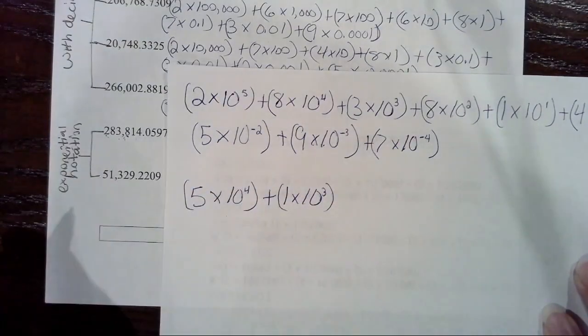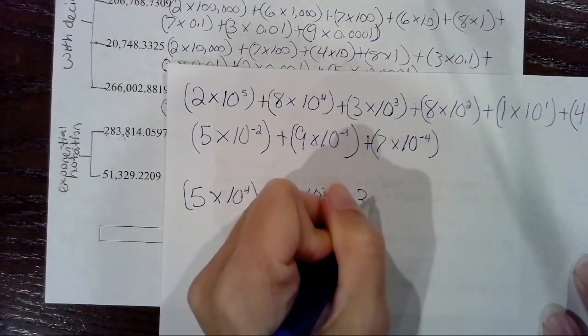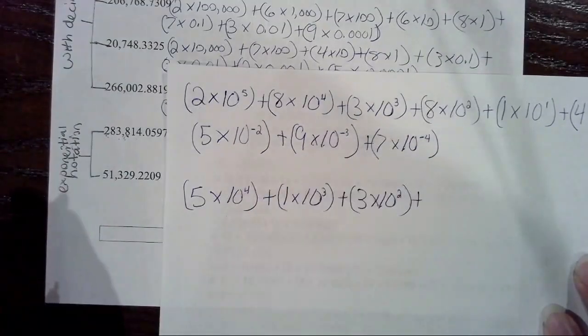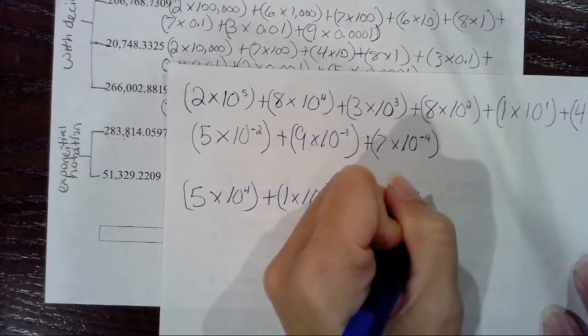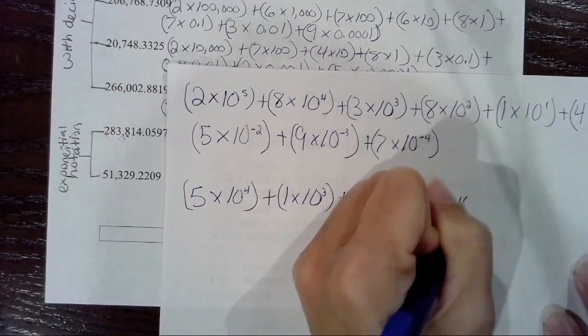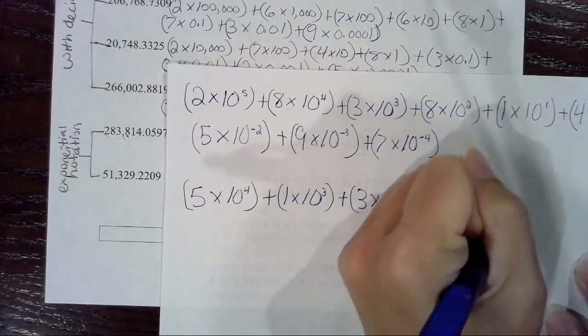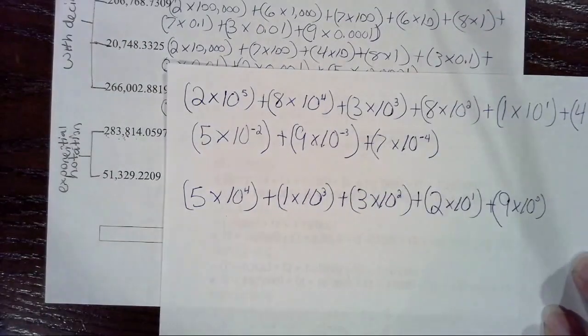A 3 in the hundreds place, so that would be 3 times 10 to the 2nd. A 2 in the tens place, so that would be 2 times 10 to the first, a 9 in the ones place, so that's 9 times 10 to the 0, because anything to the 0 power is 1.